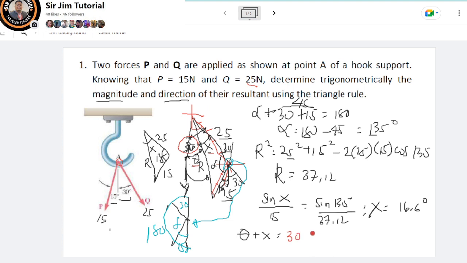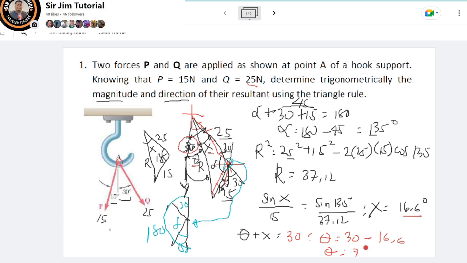So you can say theta is just equal to 30 minus x, which is 16.6. We calculated already here. So theta is equal to, what's the value? 30 minus 16.6.